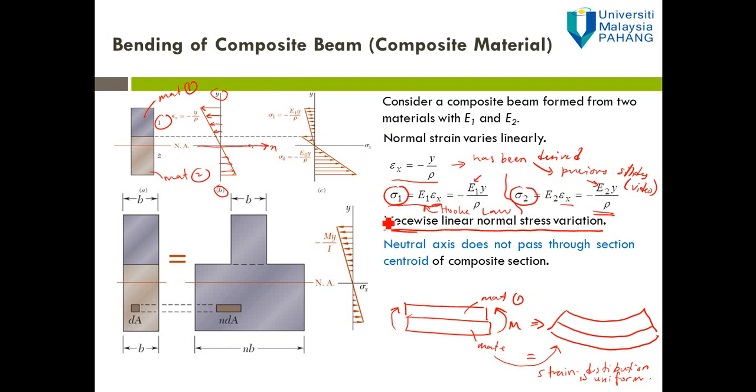So this is how the stress distribution in the composite beam looks. This slope will be different from this slope because of the different values of Young's modulus, or modulus of elasticity.